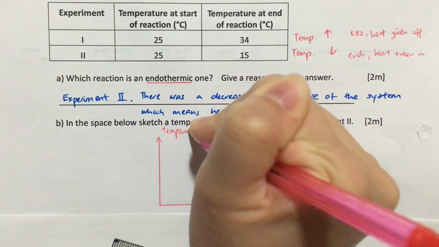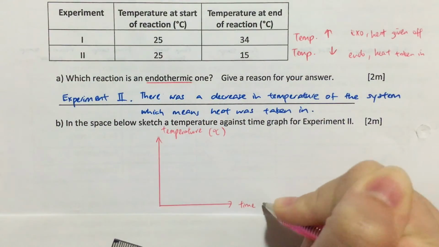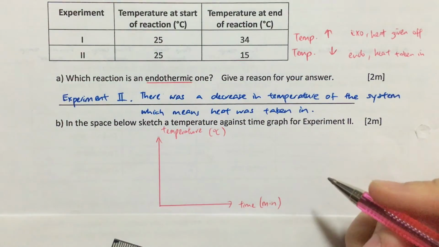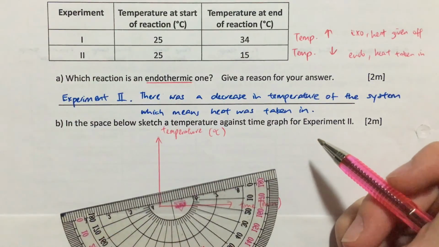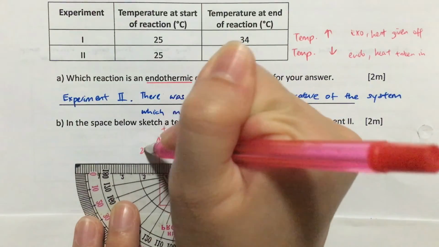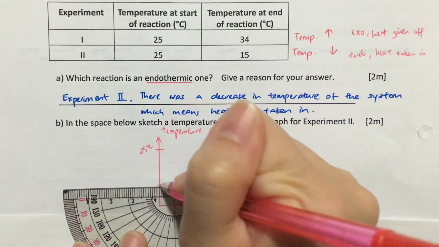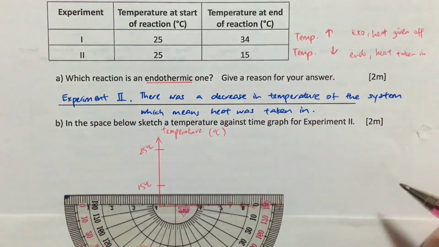Temperature in this case is degrees Celsius. Time, we can use minutes. And because of the temperature drop, my room temperature should be higher, 25 degrees Celsius. And at the end, I had 15 degrees Celsius.